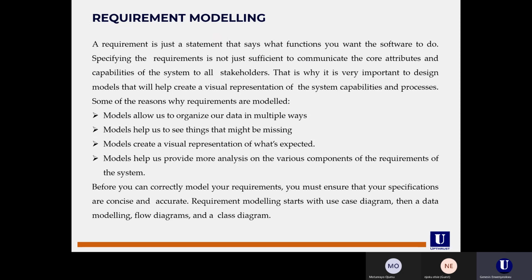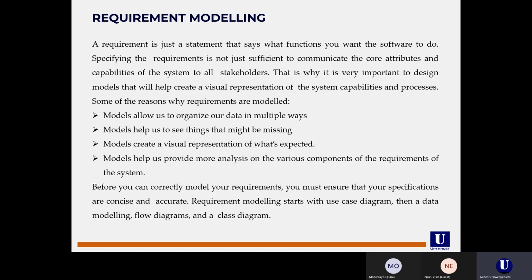You write your user stories, but by the time you start drawing a process flow diagram, or a use case diagram, or a data flow diagram, you get to realize that there are some things you missed out that you did not specify in your requirements. Then you can go ahead to include those things or update your document with that information.